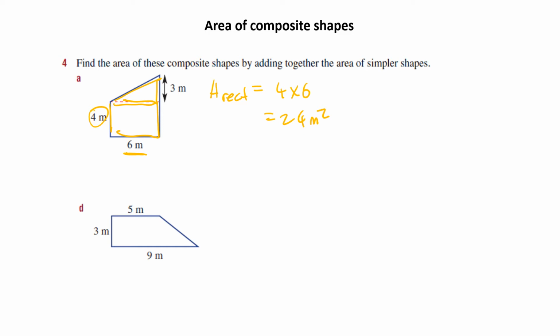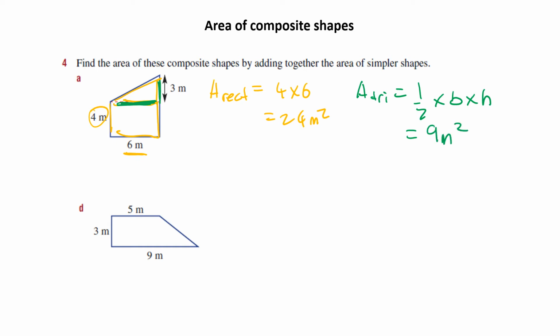And my area of the triangle: base is 6, height is 3. So let's go half times base times height. 3 times 6 is 18, half of that is 9, so it's going to be 9 meters squared.